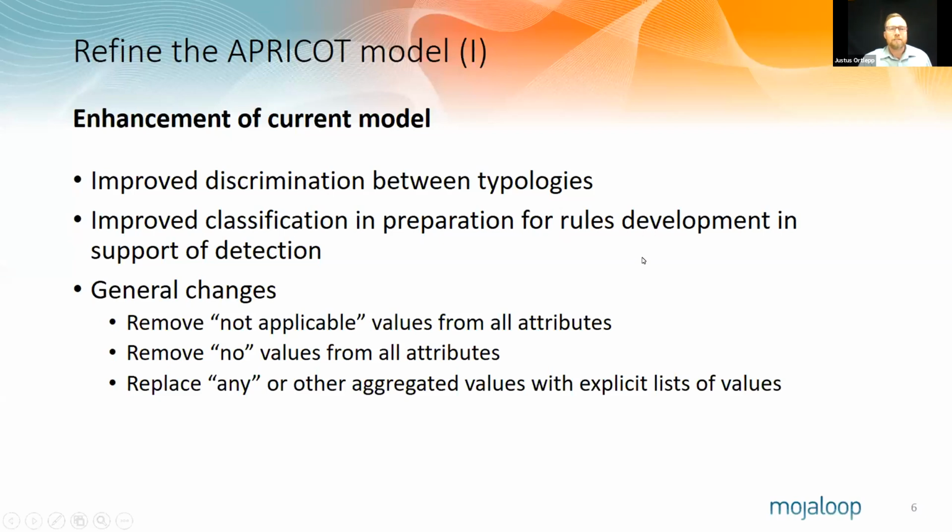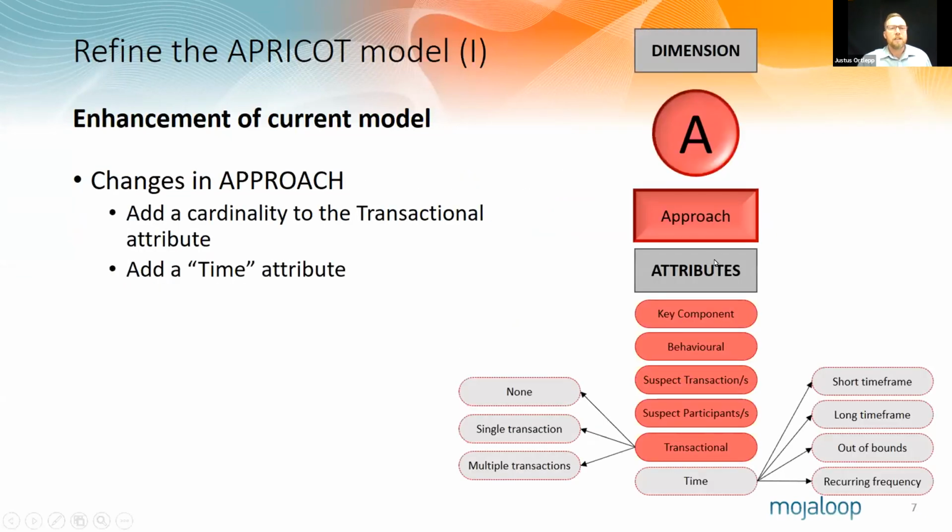From that perspective, we enhanced the approach. We added some cardinality in the transactional values to determine whether a specific transaction needed multiple instances of transaction in order to detect, or whether a single transaction would be sufficient in order to identify either fraud or money laundering behavior in that transaction.